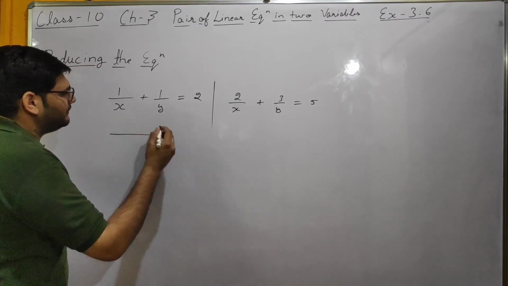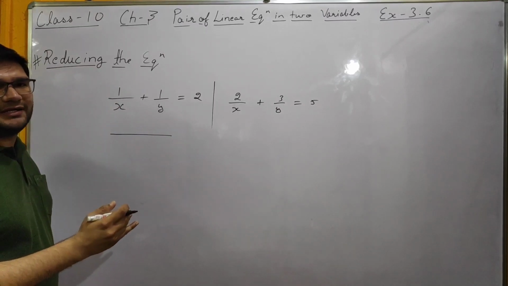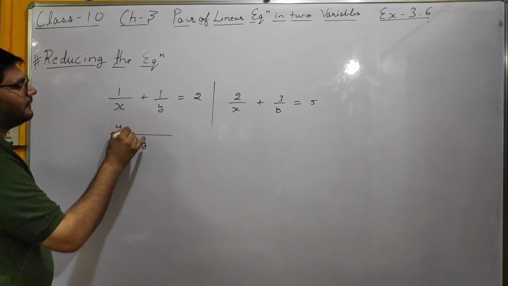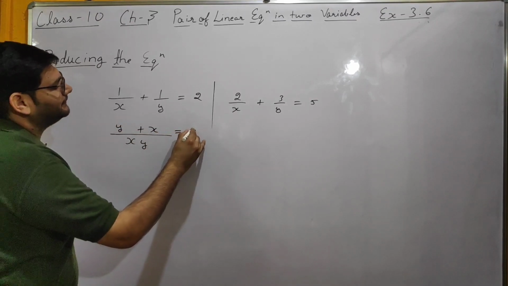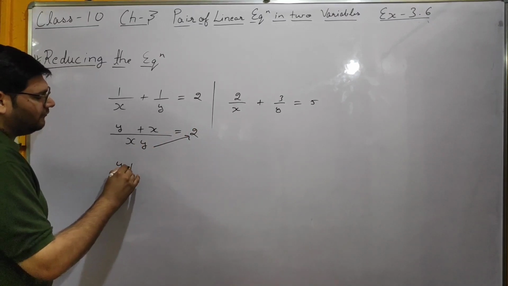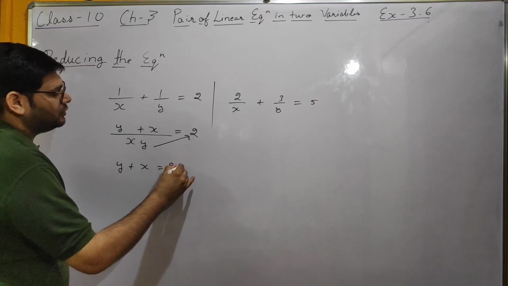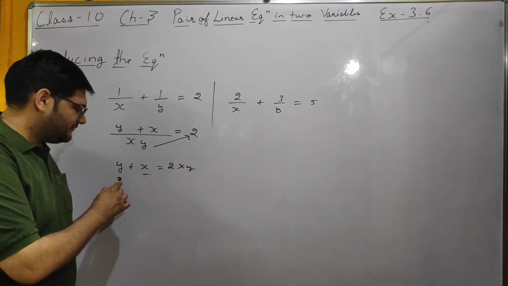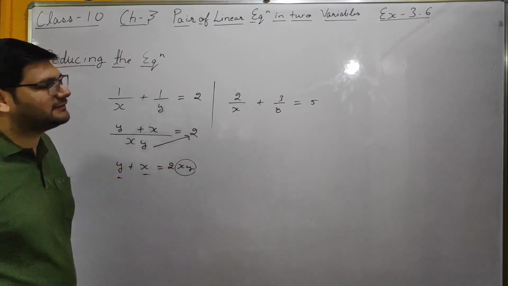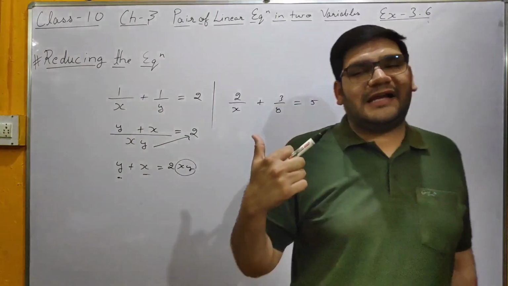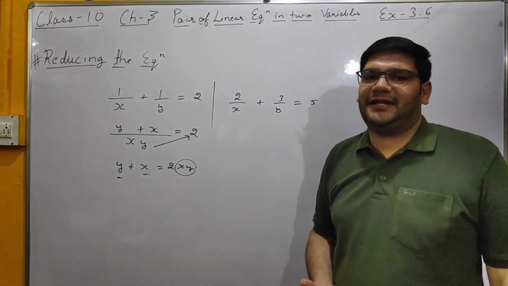So the first thing which comes in our mind is to take the LCM. Alright, we'll just take the LCM. Next step, you will cross multiply it definitely. y plus x equals to 2xy. Now my dear students, okay, this is x, this is y, but what about the xy? Therefore, we cannot solve these types of equations directly.